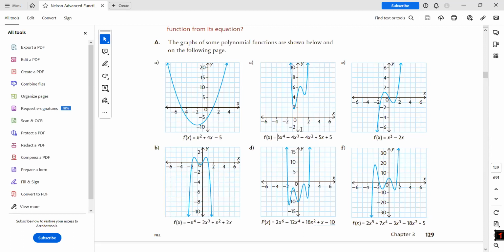But even though they're the same degree, they have completely different shapes. For example, here we can see that it faces downwards in picture B. And we also can see that the leading coefficient in front of the greatest exponent is negative. On the other hand, this function is facing upwards, and its leading coefficient is positive.